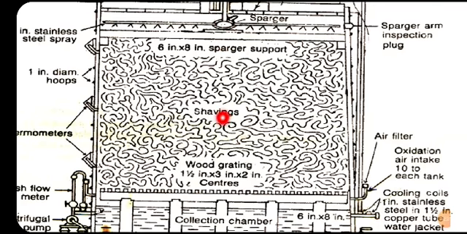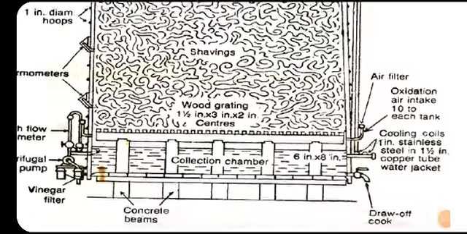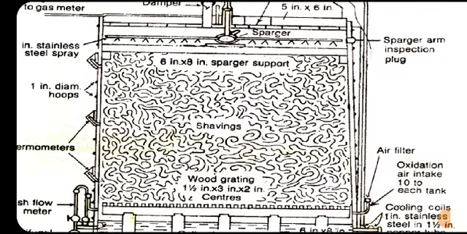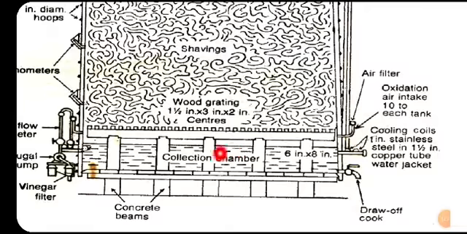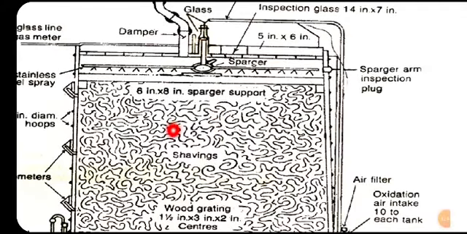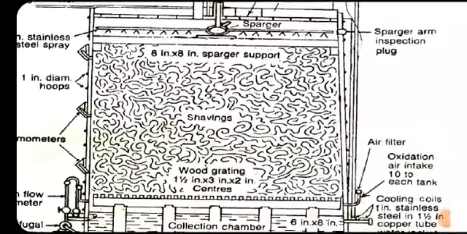While it trickles down, these shavings are immobilized, or they have growth of Acetobacter. Already these shavings are inoculated with the cells of Acetobacter, or initially this collection chamber, when it is sprayed for the first time, it is inoculated with the cells of Acetobacter. Approximately 10 to 18 hours will be required for Acetobacter to establish their population, and there will be continuous addition of this mixture stock.